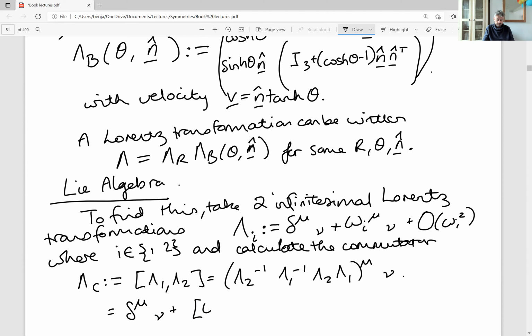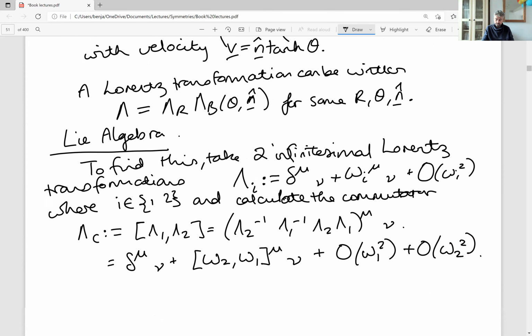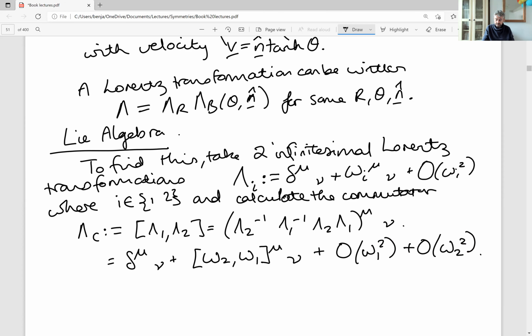So you should get omega 2 commuted with omega 1. Okay, so what I've done is I've identified the terms of order omega 1, omega 2, but I haven't bothered calculating the terms of omega 1 squared or omega 2 squared. So this additional piece I'm going to define as omega c, or omega mu nu.